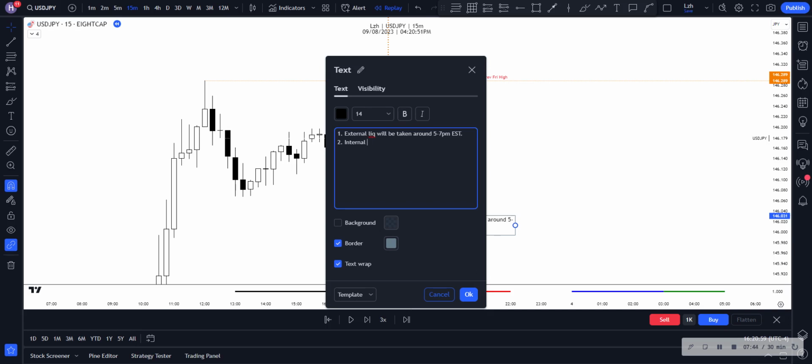And for the internal liquidity, that means given that the external high and low is holding, any internal breakout structure and taking out the first liquidity will be the liquidity liquidation that's happening.